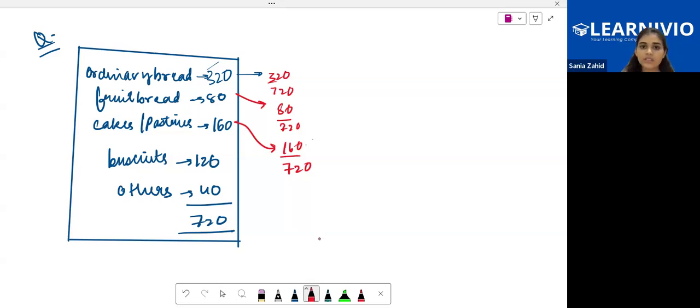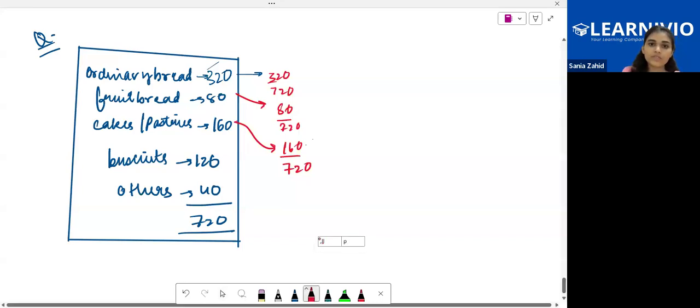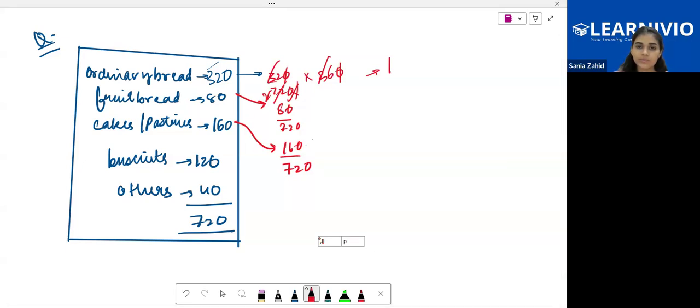So what are the percentages that you're getting? First of all, you'll do 320 upon 720 and whatever you get, you will multiply with 360, right? Ma'am, it is divisible, right? Yeah, 36 into 2. You'll get 160 degree.